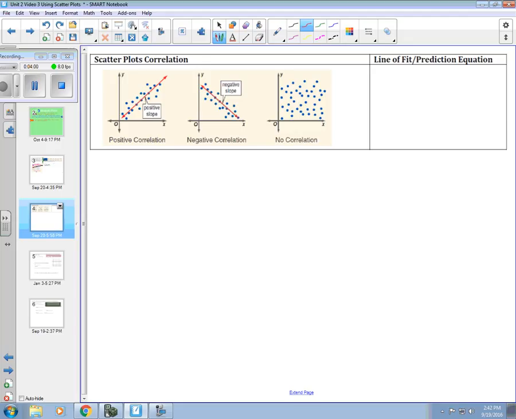Just like this line has positive slope, we would say that these points have positive correlation. If your line of best fit slants down, then we say it's negative correlation. Negative means they're slanting down here. If you just have points all over the place, then we'd say it would be no correlation. Okay, so that's what we mean by correlation.